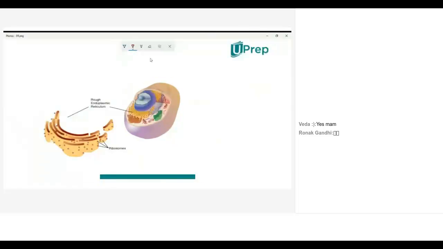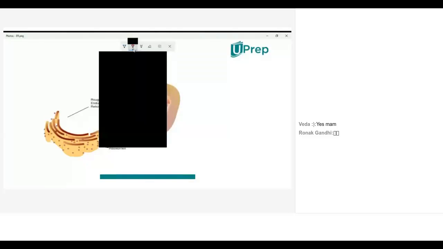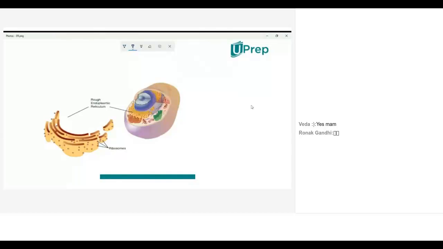When you take the same slide, there are 2 more points we have to discuss regarding the endoplasmic reticulum. We are saying that it extends between the nuclear membrane and the plasma membrane like this. Now the endoplasmic reticulum, ER, will divide the cell into 2 parts.